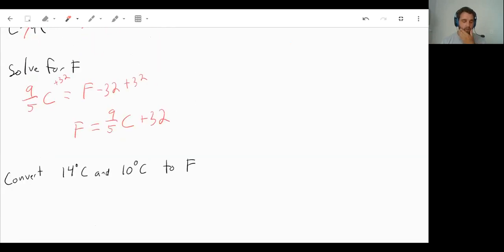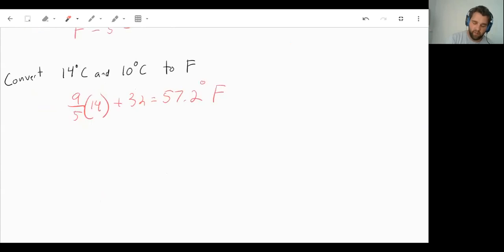But now we can convert 14 degrees Celsius and 10 degrees Celsius to Fahrenheit. So let's plug in that 14 for c. So 9/5 times 14 plus 32, that's going to come out to 57.2 degrees Fahrenheit.